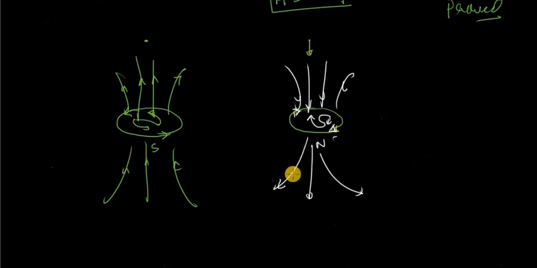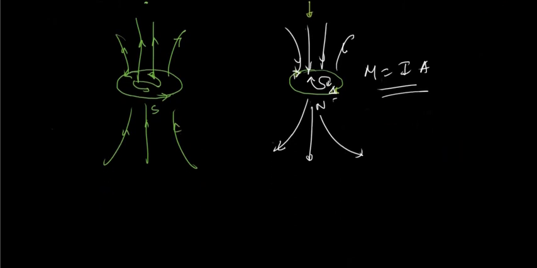So a current loop behaves like a magnetic dipole. One face is equivalent to the north pole, the other face is equivalent to the south pole, and its magnetic dipole moment is nothing but I into A.